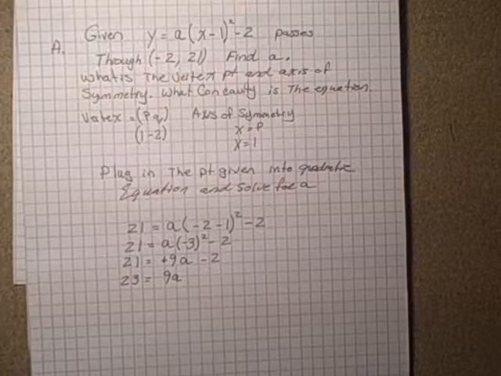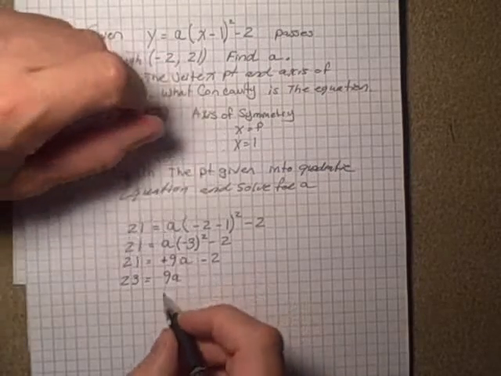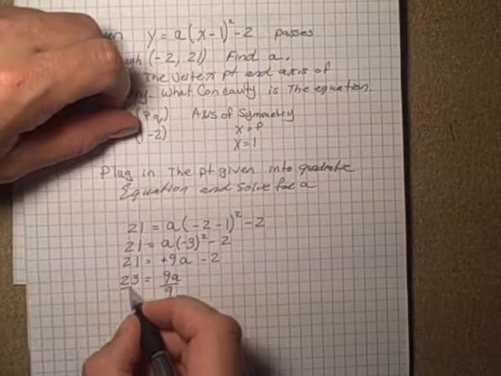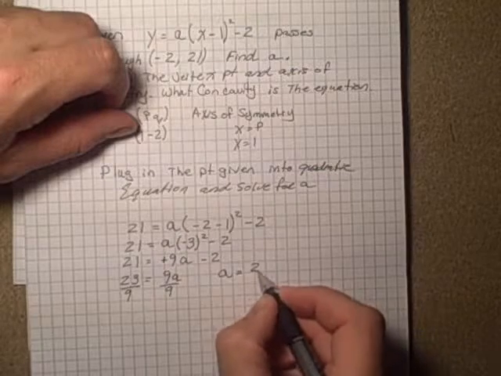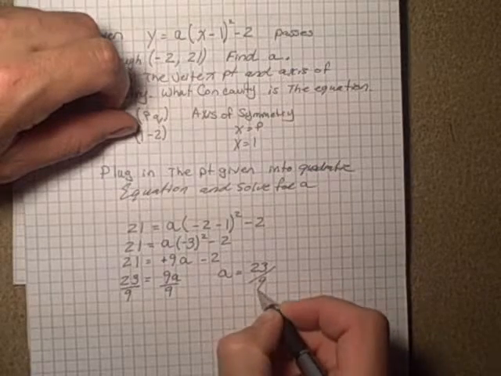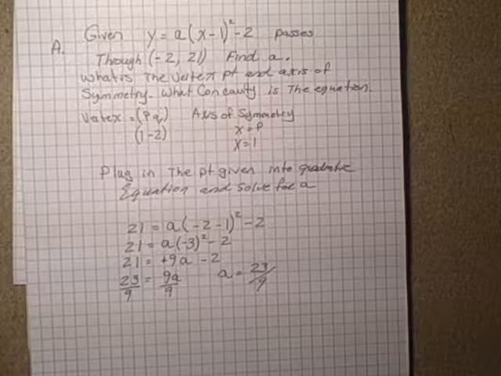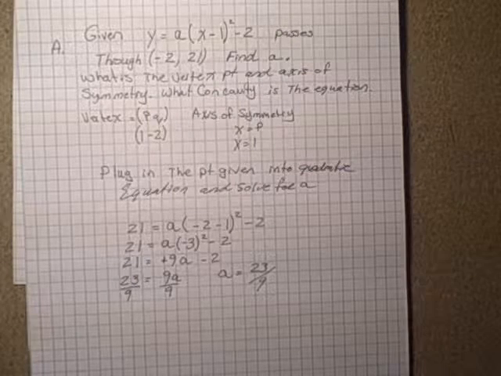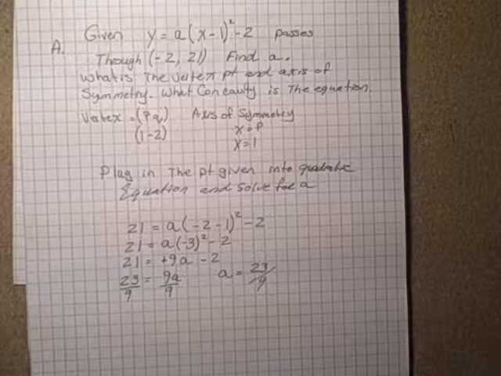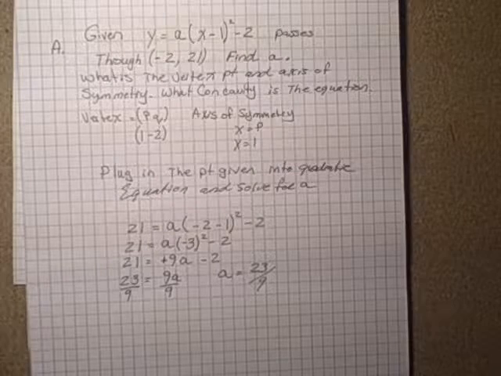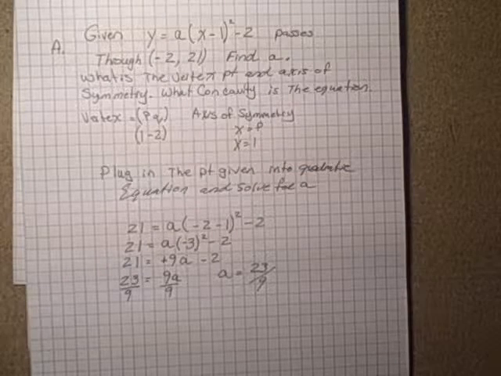So we're going to get a being a fraction. We divide by 9 to get a, so a is equal to 23 over 9. Now, one thing I didn't mention in the last tutorial is that I mentioned if a is positive, it goes concave up, and if it's negative, it goes concave down. But I did not mention the size of a and what it tells us.